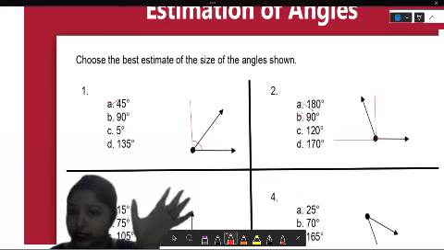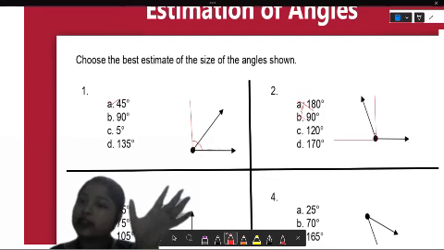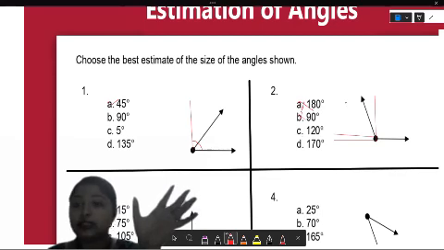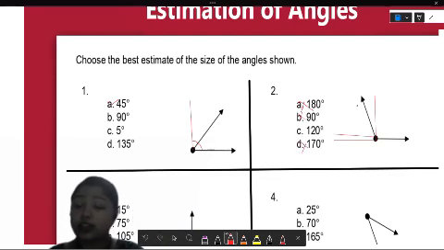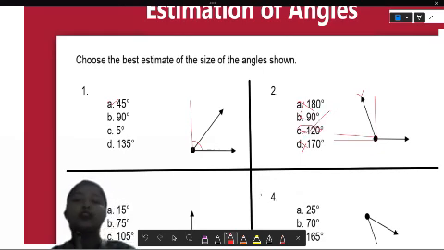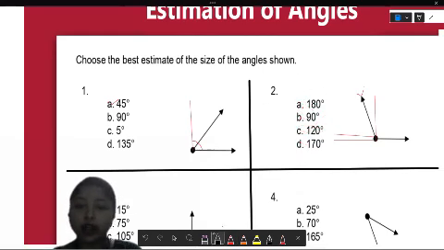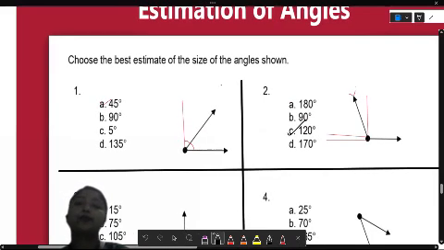So let's exclude it. A 170-degree angle will be very close to a straight angle, so we exclude it too. Only one option is left, that is 120 degrees. So you can use an elimination method as well: remove the incorrect answers, and the one that is left will be the correct answer. You can do it like this also.